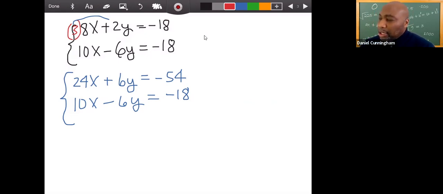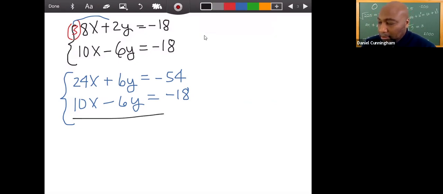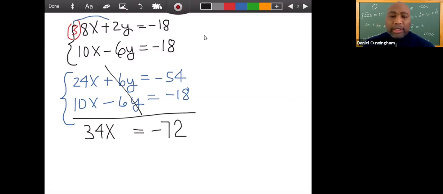So now using the elimination method, I'm going to add. When I add, this gives me, I believe, 34x. The y's cancel out. And this gives me a negative 72, in this case.